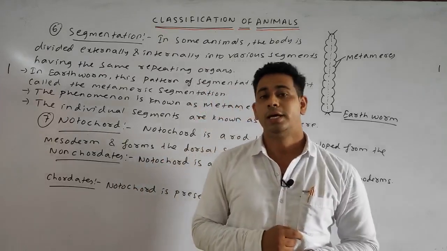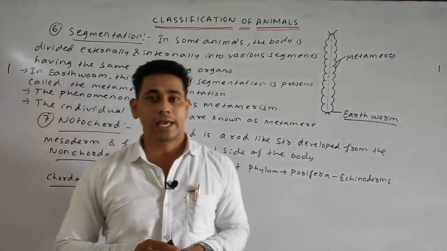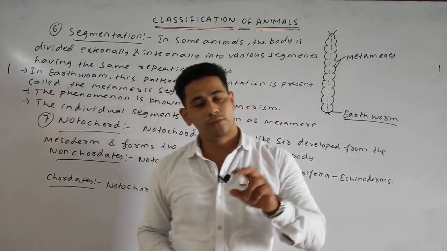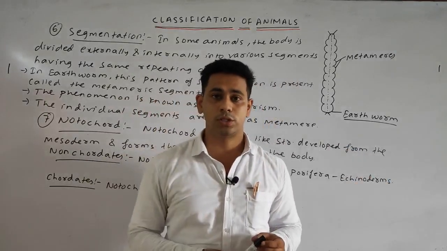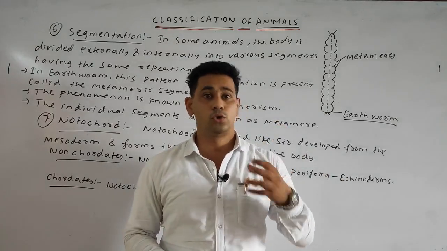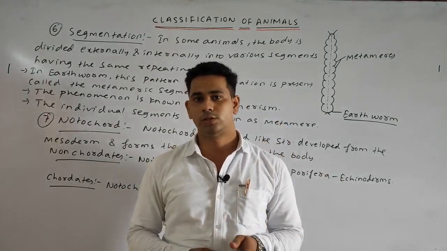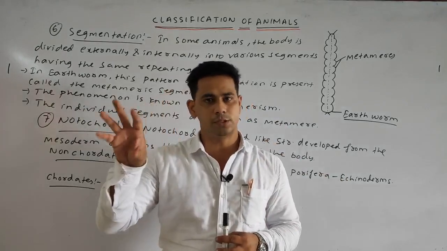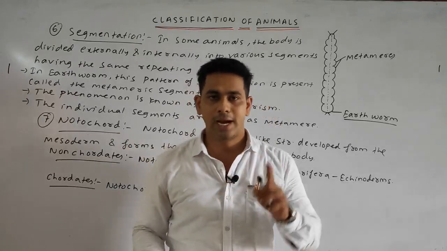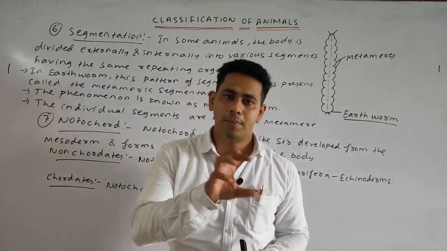Okay, students. Next we discussed the coelom. It is the cavity in between the gut wall and the body wall. We discussed it is of various types, such as the coelomate, the pseudocoelomate, or the acoelomate. In the coelomate case, true coelom is present. In the pseudocoelomate case, the true coelom is absent, and in the case of acoelomate, the coelom is completely absent.